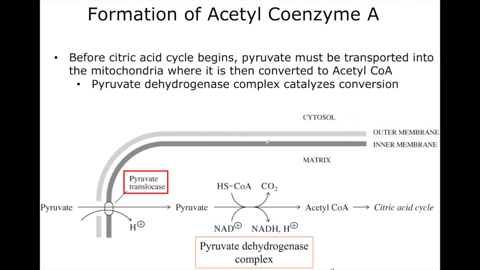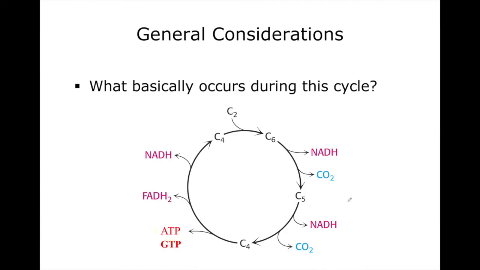Now, as we mentioned, the citric acid cycle begins with acetyl-CoA, and if we recall, linking glycolysis to the citric acid cycle occurs as pyruvate is translocated into the matrix of the mitochondria, where the pyruvate dehydrogenase complex, through a multi-step process, converts pyruvate from a 3-carbon molecule to a 2-carbon molecule called acetyl-CoA. And this is a very high energy compound, as we discussed previously.